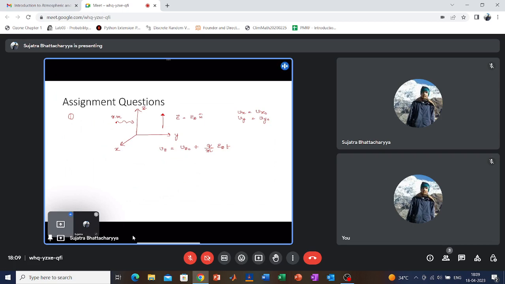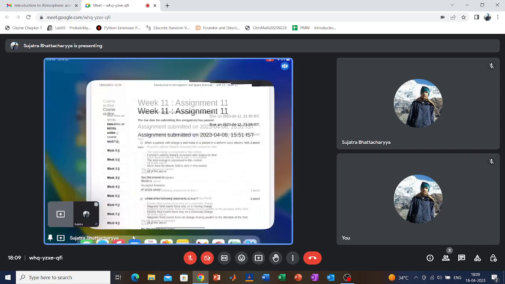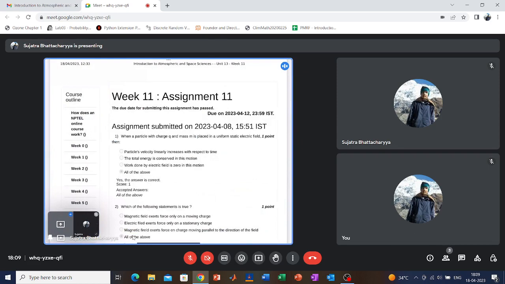Therefore, we can see that the particle's motion is linearly related to time. So if you see the first option, that the particle's velocity linearly increases with respect to time, it is true.